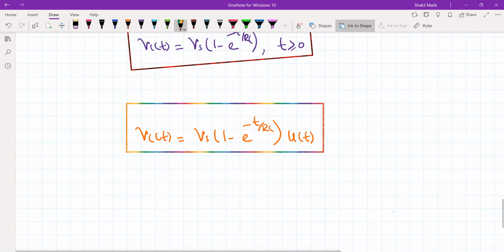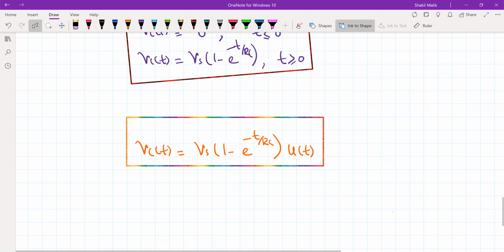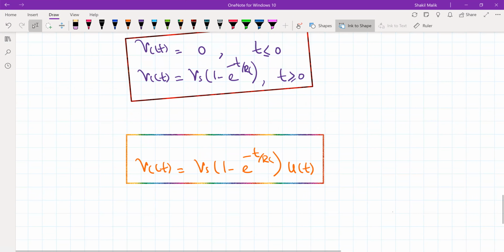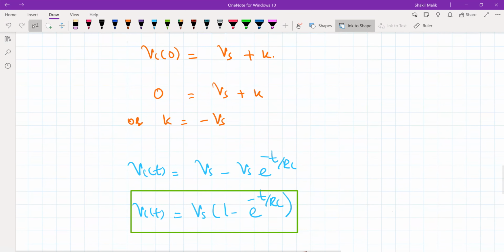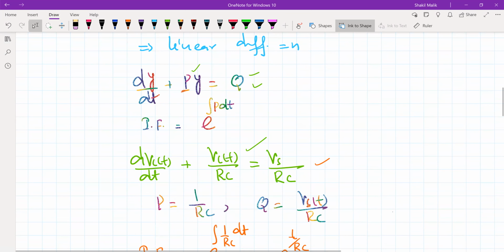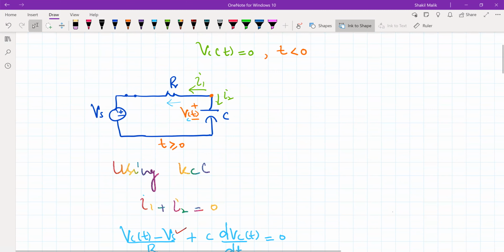Because we know u of t is 0 for t less than 0, that makes Vc of t equal to 0, that's this part. For t greater or equal to 0, this is equal to 1, so that will give us this second part. All right. So this is the capacitor voltage in general when you connect a source to an RC circuit.